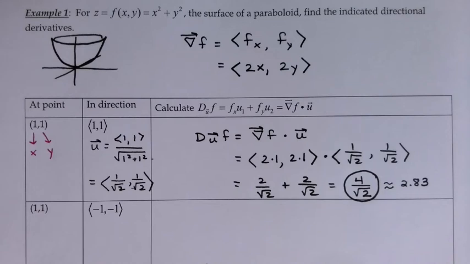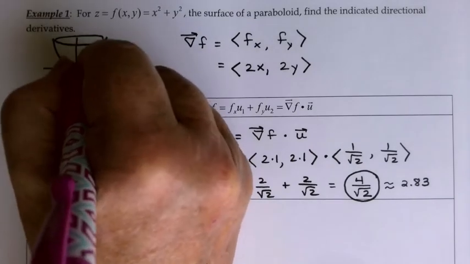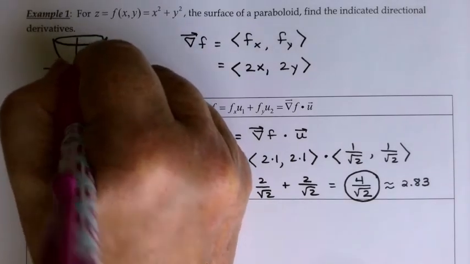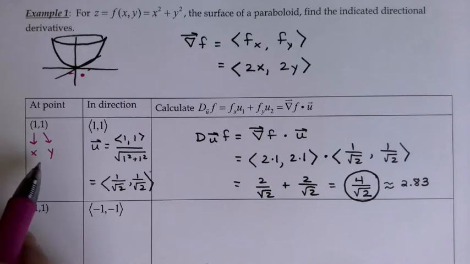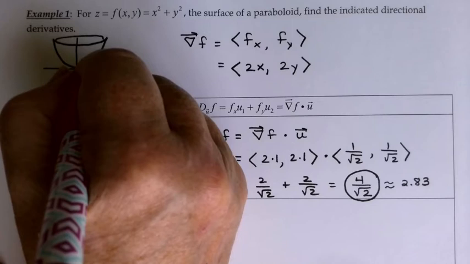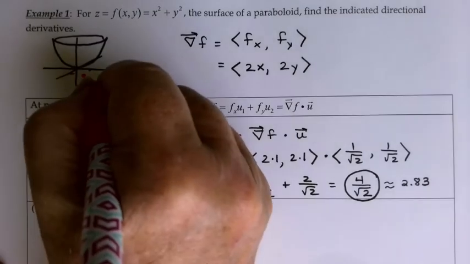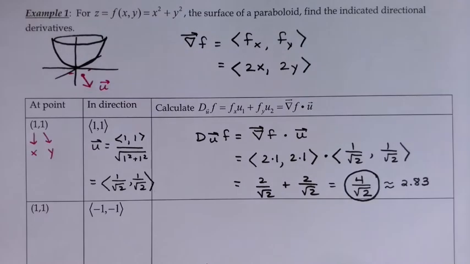All right, just a reminder what that's telling us. That's saying that if I'm at the point x equals 1, y equals 1, about here, and if I walk in the direction 1, 1, so over 1 and out 1 would be on the diagonal, I walk in that direction. What's happening on the surface?